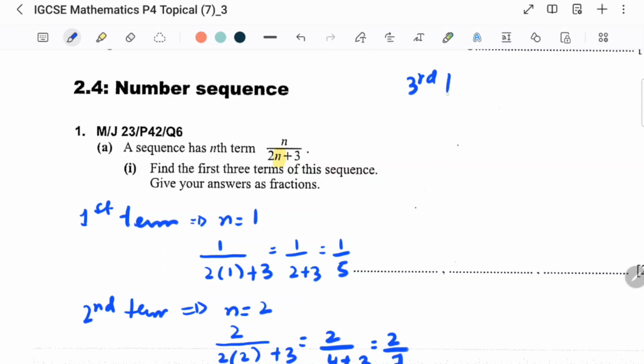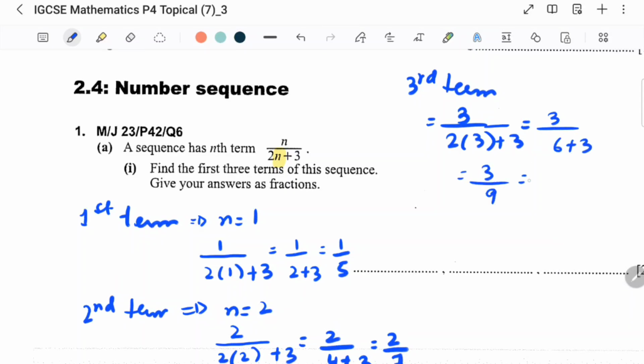And the third term is n upon 2n plus 3, meaning 3 upon 2 times 3 plus 3, equal to 3 upon 6 plus 3, equal to 3 upon 9, either you can write down 3 upon 9 or 1 over 3. So the answers are 1 over 5, 2 over 7, and 3 over 9. They are the three terms of the required sequence.